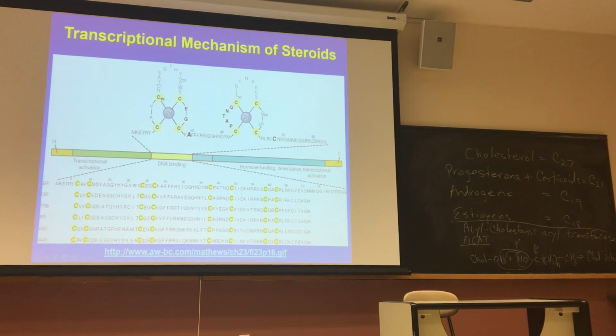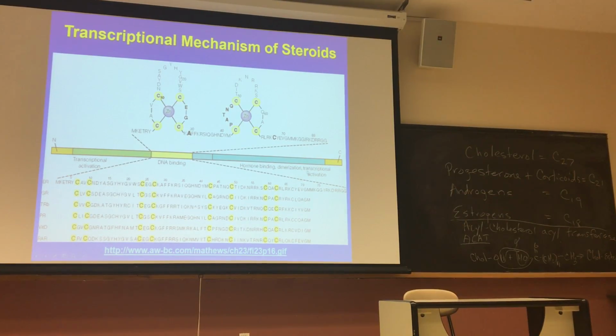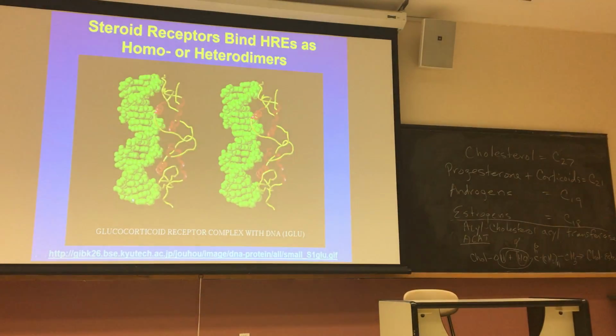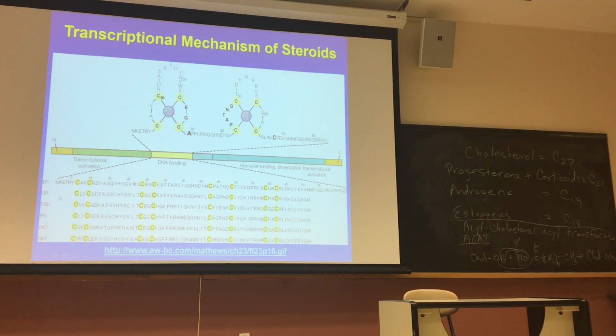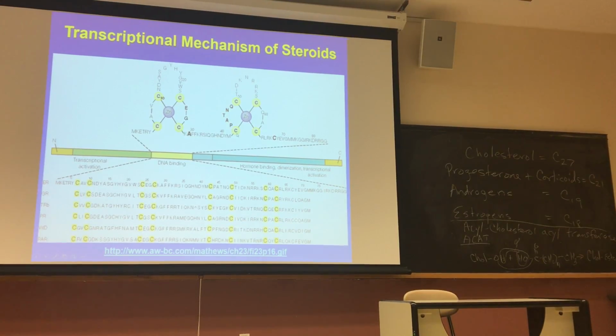So there's a couple of zinc molecules that are complexed in such a way that they form a three-dimensional structure that has a proclivity for binding to particular sequences of DNA in target genes. The other part of the molecule is involved in hormone binding, dimerization with other receptor molecules, and transcriptional activation. So you've got some activation occurring here, some down here. And they all have a lot of preservation of this structure, this zinc finger structure.